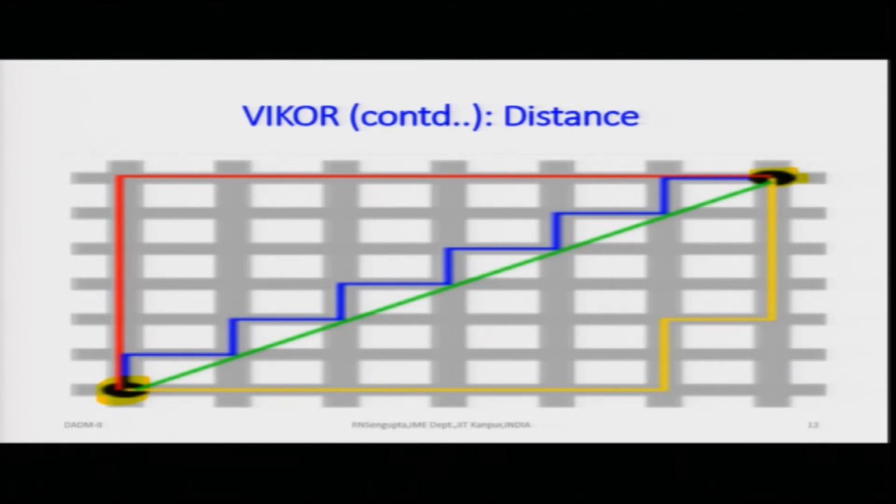So, I will pause here, have a look, so that it makes life easy for us to understand. So, you have x vector, which is a point in a Cartesian coordinate, y vector also another point in the Cartesian coordinate, green line is the L2 norm between x and y, red one, blue one and yellow one are the different ways you can reach from x to y, and these are the L1 norm.